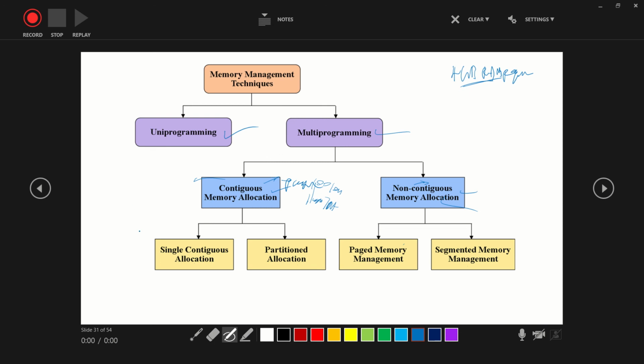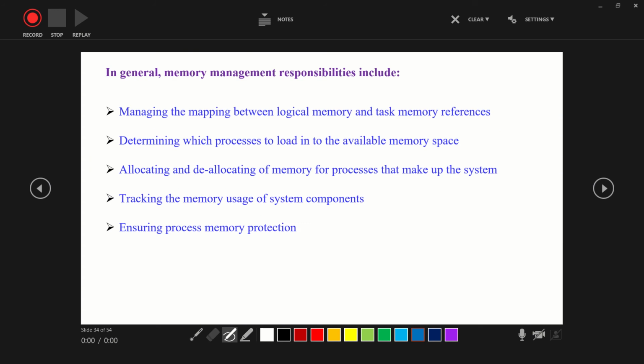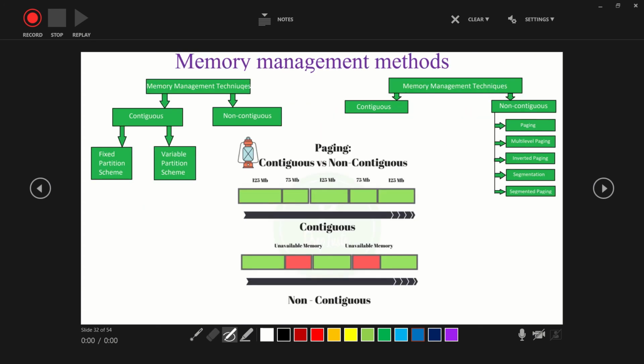First, single allocation, which is the contiguous memory; we will see them one by one. That is a very important thing. In memory management, this is contiguous memory, and the other one is non-contiguous. In the fixed partition scheme, the address space is fixed.